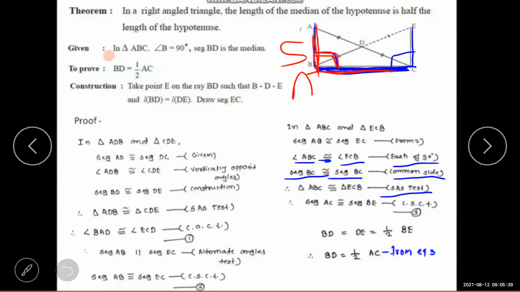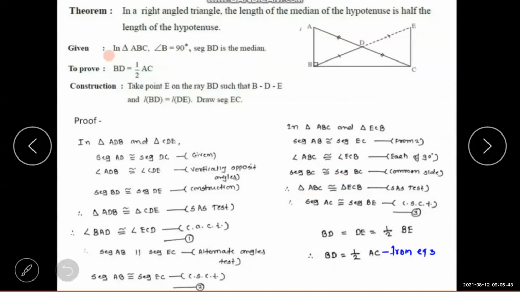Okay. Now, as again triangles are congruent, their corresponding sides, that means segment AC is congruent to segment BE. So AC is congruent to BE. Yes. Mark it as equation 3. Now, as we know that BD equal to DE here, because of the construction.